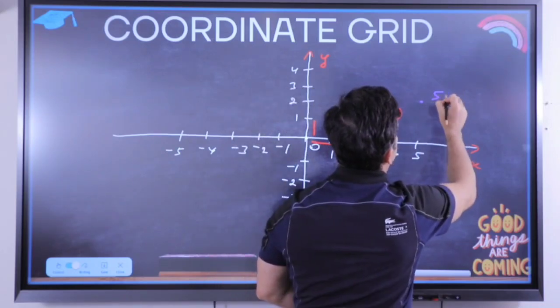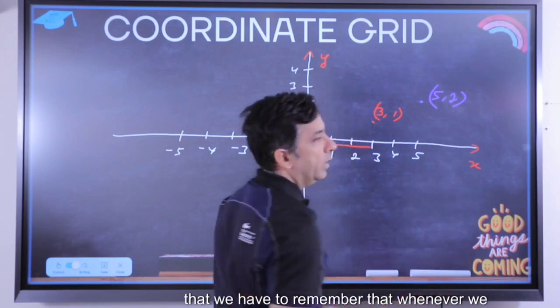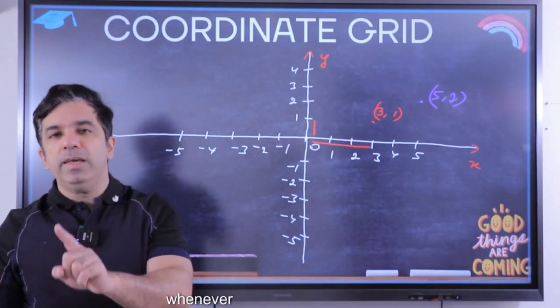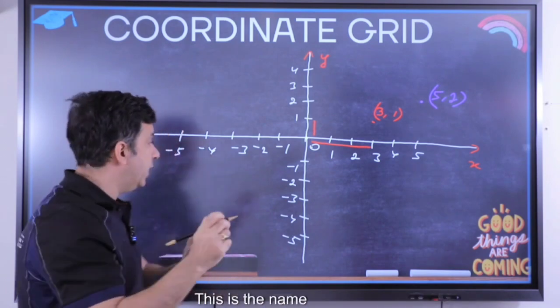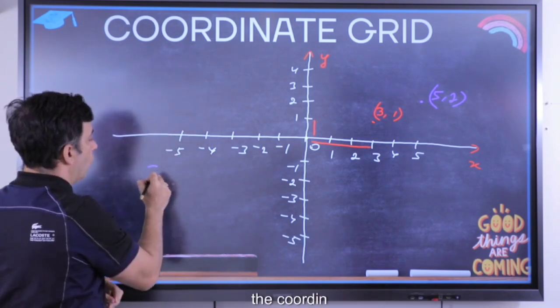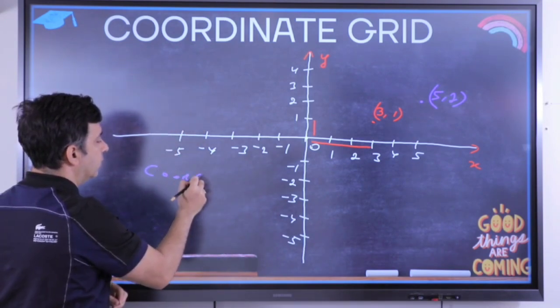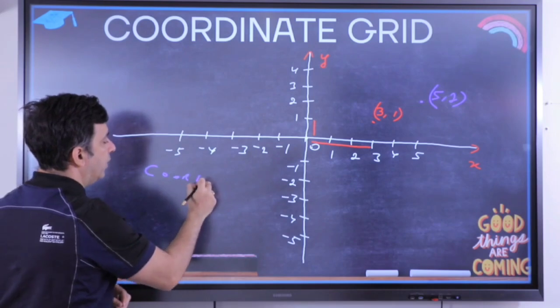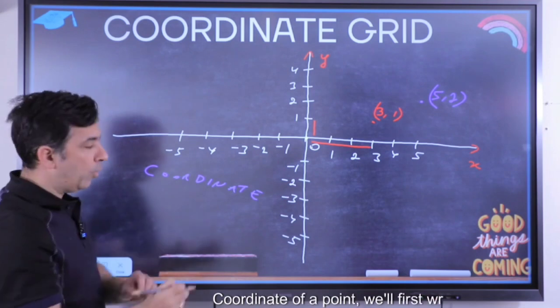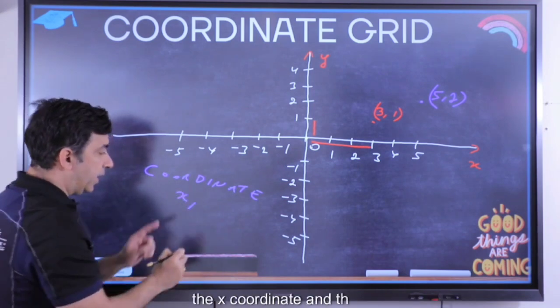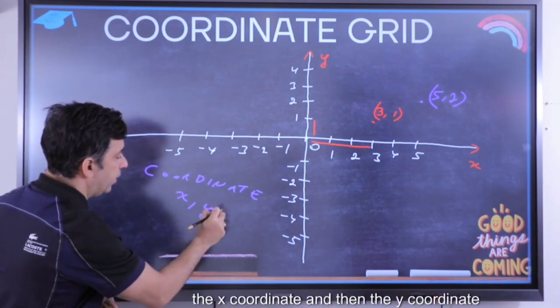The sense is this, that we have to remember that whenever we are writing the coordinate of a point, we'll first write the x coordinate and then the y coordinate.